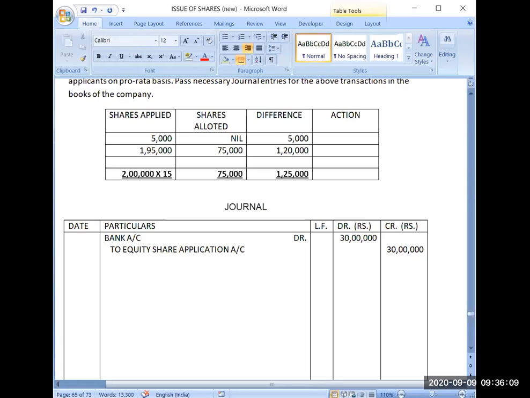Yes, very good. 15 rupees per share they might have paid. Obviously, when each and everyone is required to pay 15 rupees, that's why they have paid me 15 rupees per share. So the total amount is 75,000. Now what should I do for this 75,000? When I am not giving them any share, what should I do?